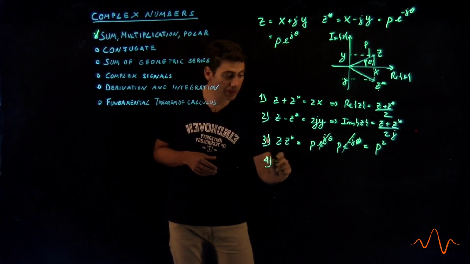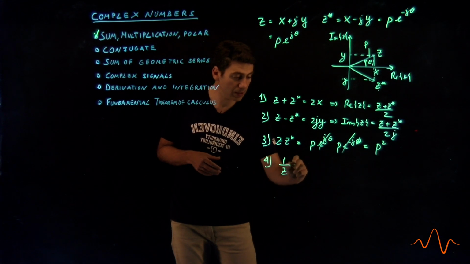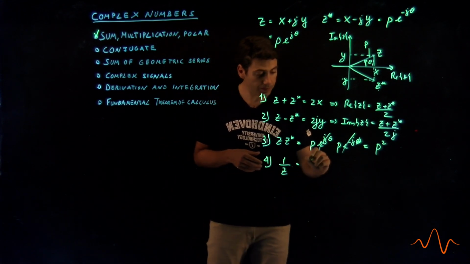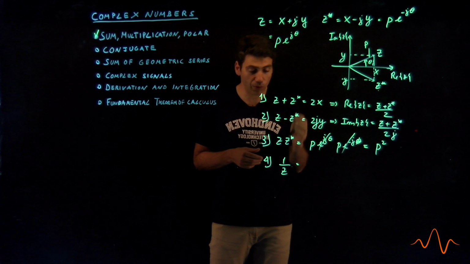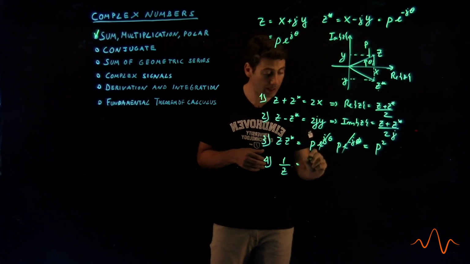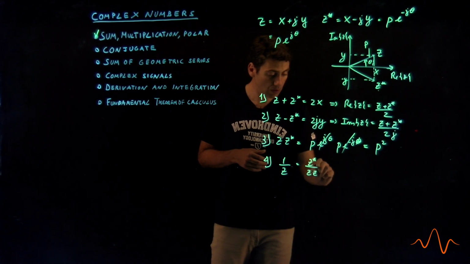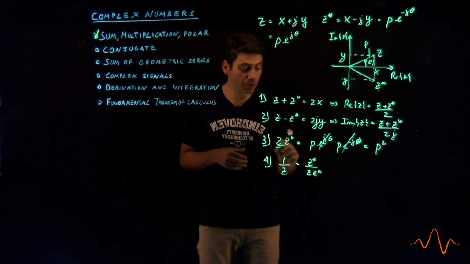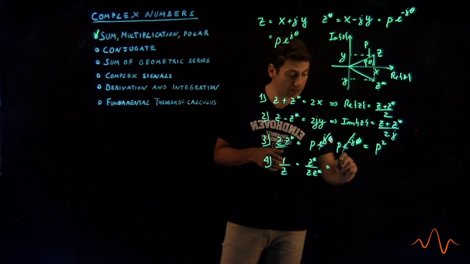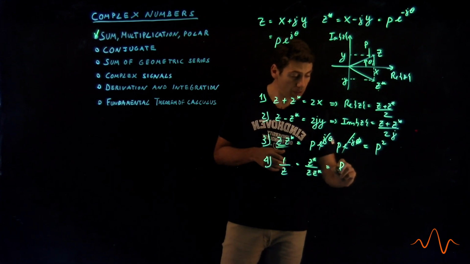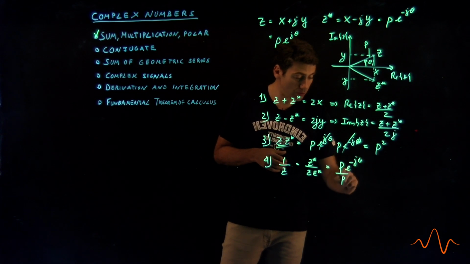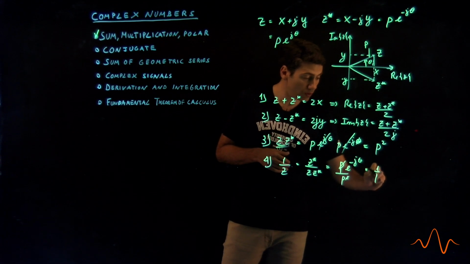Finally, if we want to take the inverse of z, we can multiply the numerator and the denominator by its complex conjugate. We can use this property here to say that this is rho e to the power of minus j theta, the complex conjugate, over rho squared, and this cancels with this, we get 1 over rho e to the power of minus j theta.